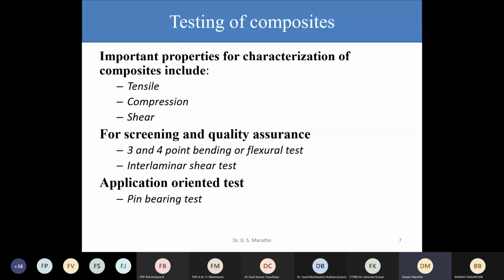So in order to understand the behavior of the lamina and the laminate when holes are drilled, fasteners are put in, and they are loaded in various directions, I am going to do the test which is called the pin bearing test. So these are a few tests I will cover in this particular session.